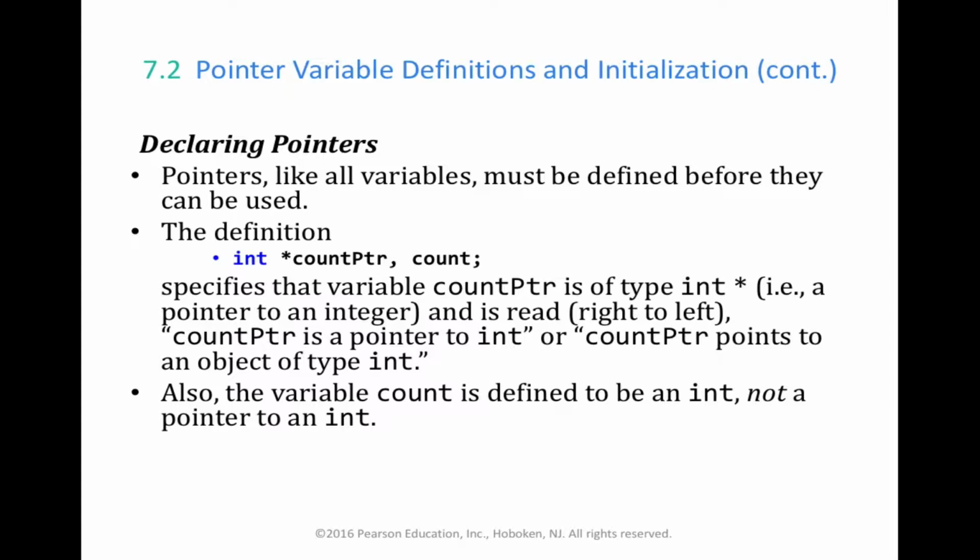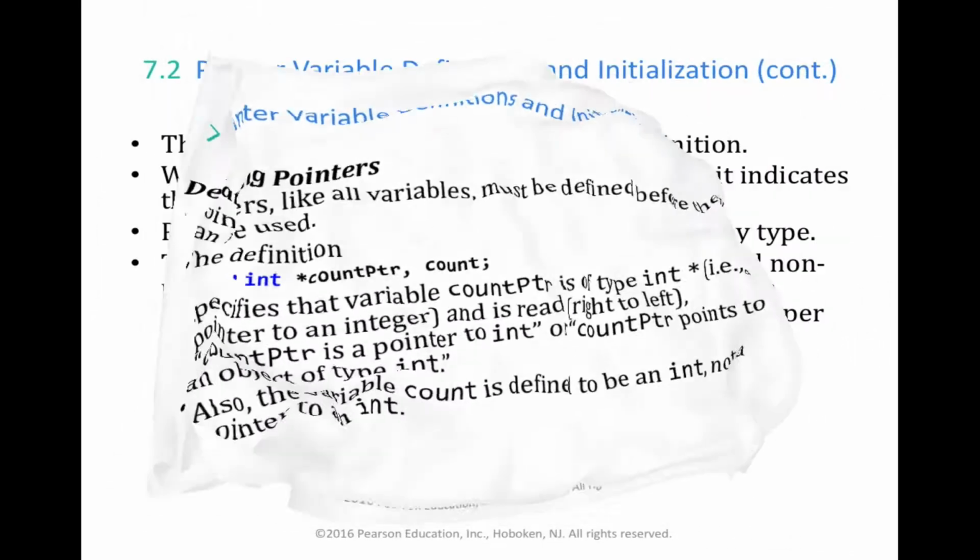So count pointer points to an integer type object, or count pointer points to an integer, are a couple different ways you can read that statement. The variable count here would be defined to be an int, not a pointer. Notice that that asterisk is attached to the name of the variable, not the type. That is important to remember. The asterisk when we are defining a pointer is going to come before the name, not come with the data type.